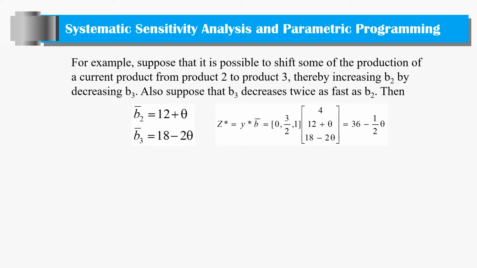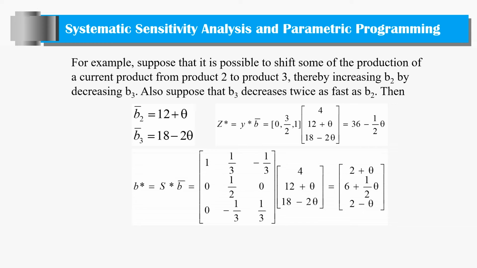This is our new objective function. On the other hand, our b star will be S star, the matrix of slack variables, times b bar, and then we can obtain its expression. So in this case, we can see that as long as theta is less than or equal to 2, the optimal solution is still optimal.